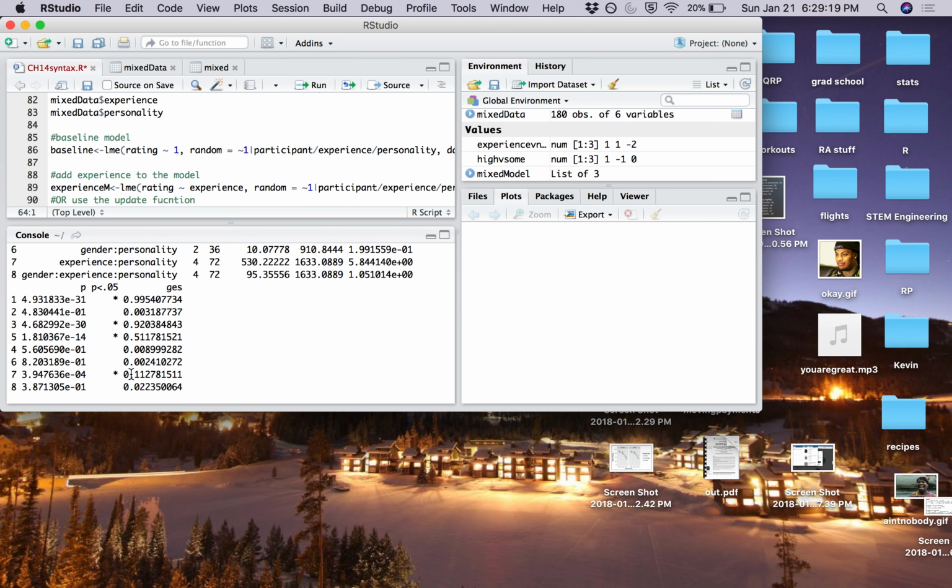So there's a significant interaction between experience and personality, and so that means that if we ignore gender, the ratings across different levels of experience were different for nice individuals, average personality individuals, and rude individuals. So the ratings across different levels of personality were different for people who had high experience and some experience and no experience. So those are basically just saying the opposite of each other, but the same thing.